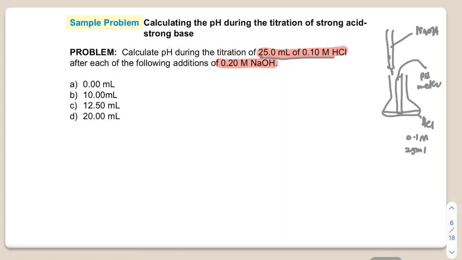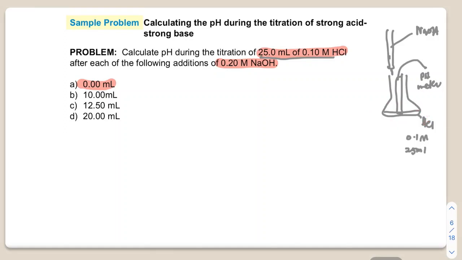The one that is changing will be the volume of the sodium hydroxide that is added. We don't have the exact volume given. So question A asks us to calculate the pH after 0.0 ml of sodium hydroxide is added, meaning before we add any sodium hydroxide. So look at the condition before any sodium hydroxide is added here.